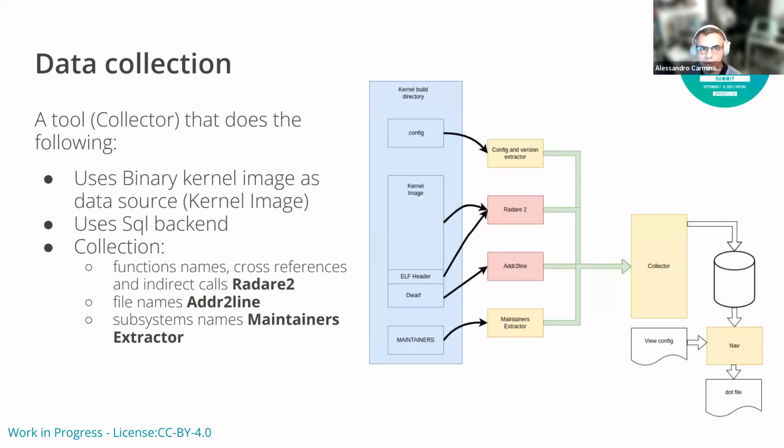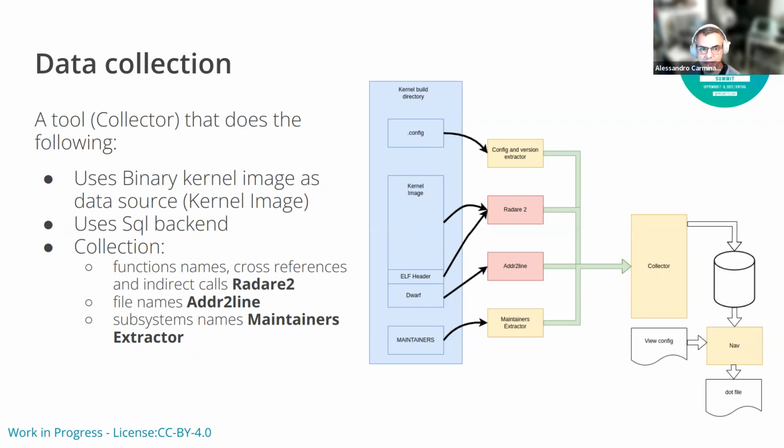Here is shown the tool's architecture. The data sources appear in blue and include the kernel configuration, the kernel binary image, and the maintainers file. In red, we highlighted the external dependencies for this work, which are Radare2, used for function names, cross-reference, and indirect calls, and addr2line, needed to associate each symbol to its source code file name.